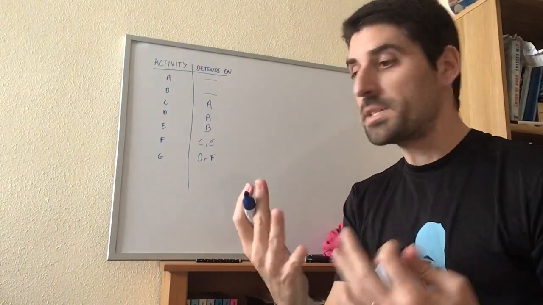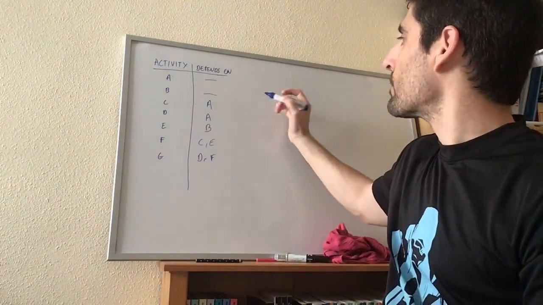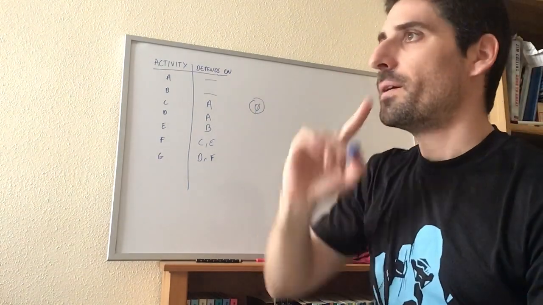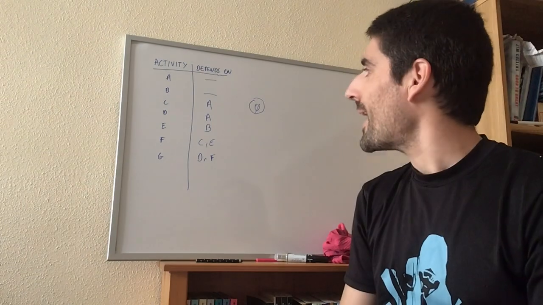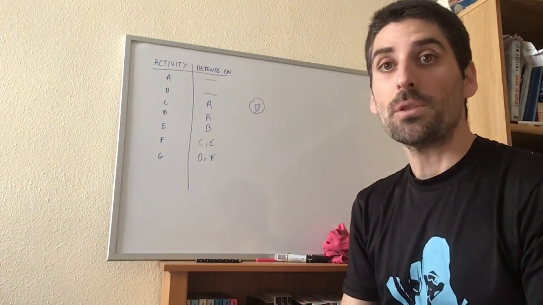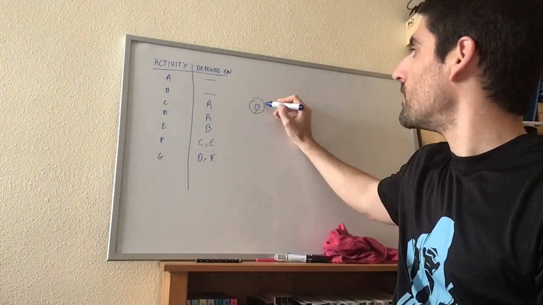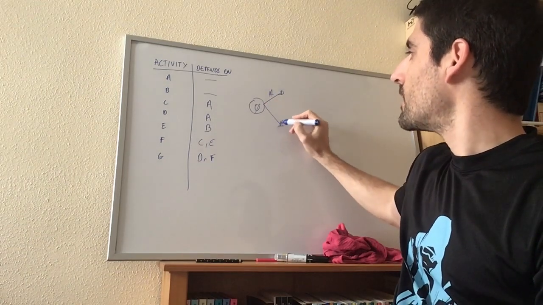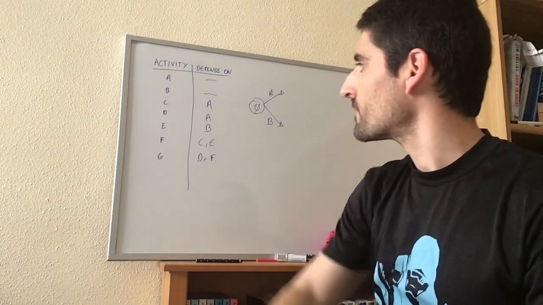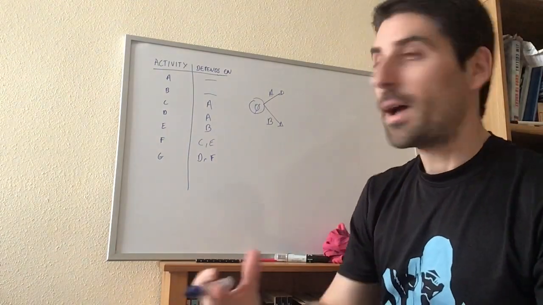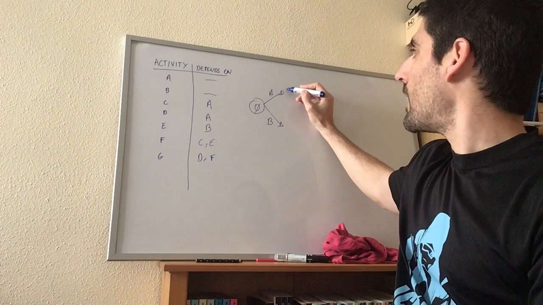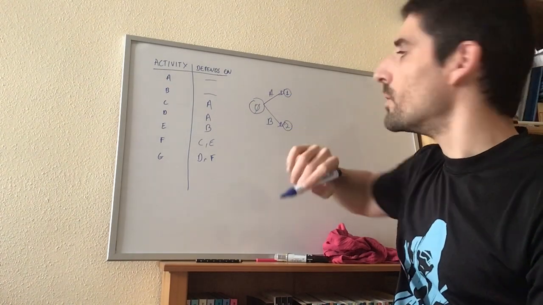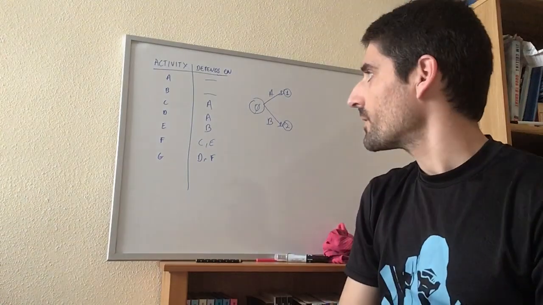We start from 0, so my first node starts with a 0 there, and my first two activities don't depend on anything, so I've got activity A going in one direction, activity B going in another direction, and once I finish them, I've got node 1 and node 2. That's it.